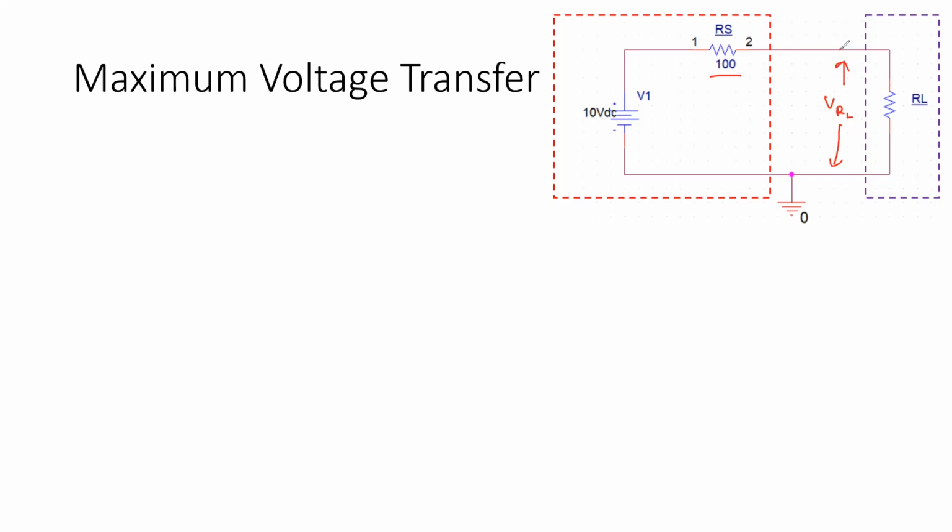Basically we are looking at the voltage at this point. So we can write VRL equals V1, the source voltage, times RL, the resistance over here, divided by the summation, since this is a potential divider circuit.